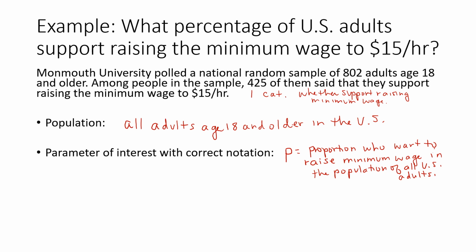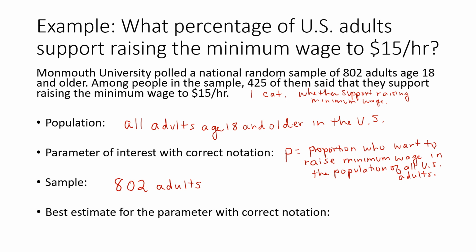Now, since we can't collect data from every single U.S. adult, they used a sample. The sample was the 802 adults that they randomly chose. And then the best estimate for the parameter, with correct notation: when I'm estimating the population proportion, the best way to estimate it from the sample is with the sample proportion, p hat.